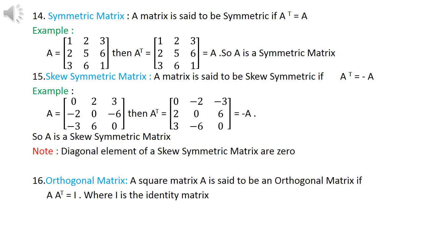If we write 1, 2, 3 in first column, second row elements are 2, 5, 6. If we write that in second column, and third row is 3, 6, 1. If we write it in third column, then we get A transpose. Here look, A and A transpose are equal, therefore A is a symmetric matrix.